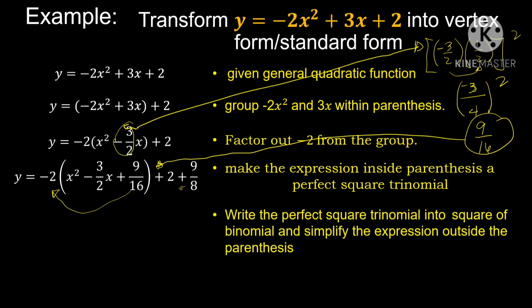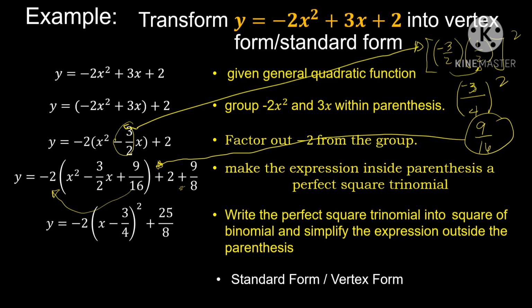Then after that, we have to write the perfect square trinomial into the square of binomial and simplify the expression outside the parentheses. Okay? So, it will become now negative 2 times the square of x minus 3 over 4, plus 2 plus 9 over 8 is 25 over 8 because 8 times 2, 16 plus 9 is 25.